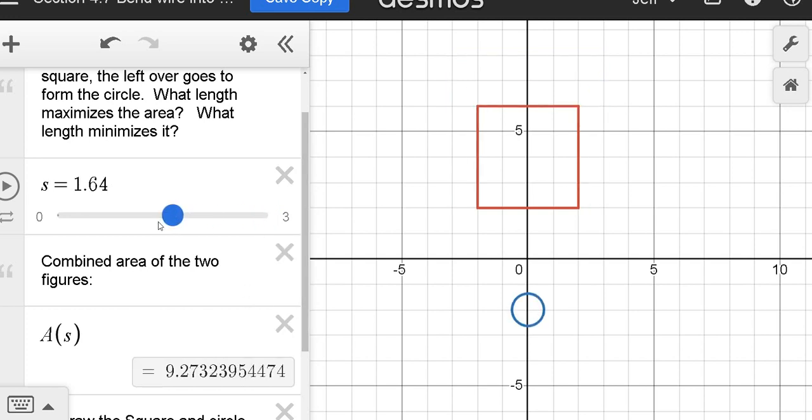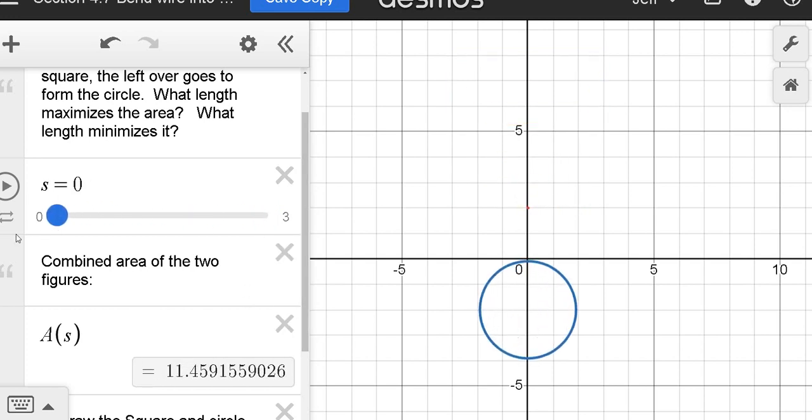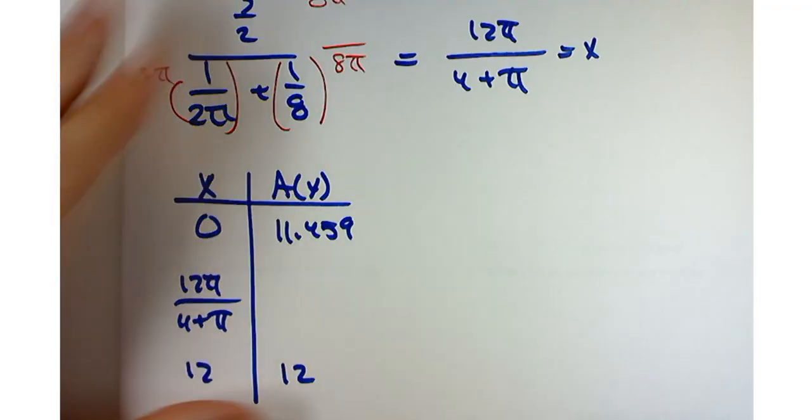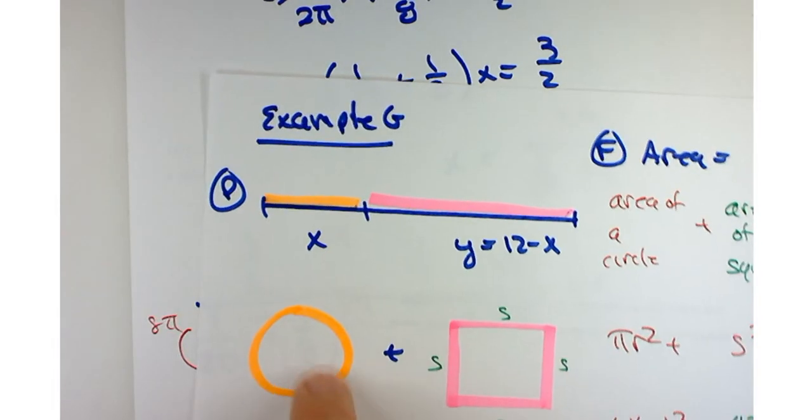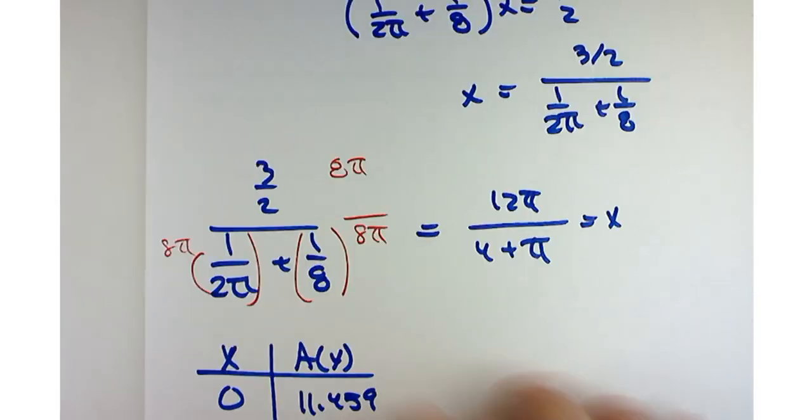Let me think for a second here. 0, yeah, this is backwards. Is that backwards? Yeah, because 0 is sending all the area to the square, so the way we set it up, when x was 0, that'd be sending all the area to the square. So these are backwards, my bad.